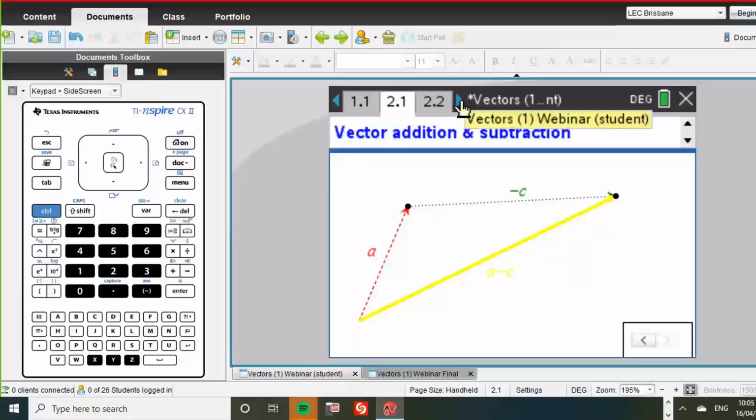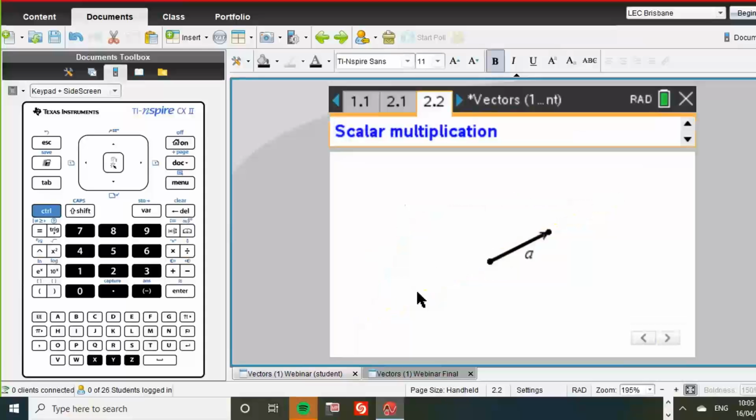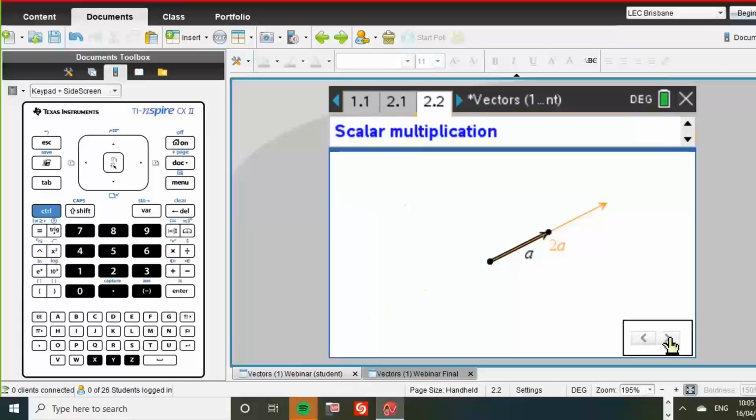Next, we'll have a look at multiplying a vector by a scalar. A scalar is a real number. So here we have vector A. To form vector 2A, which is a vector in the same direction, with a magnitude twice the size of vector A, it's basically vector A plus vector A gives vector 2A.